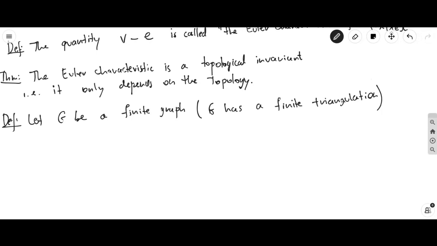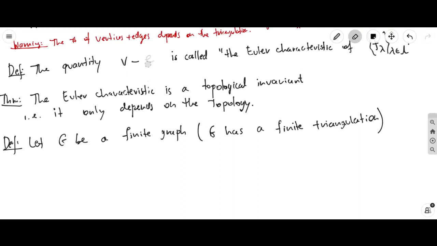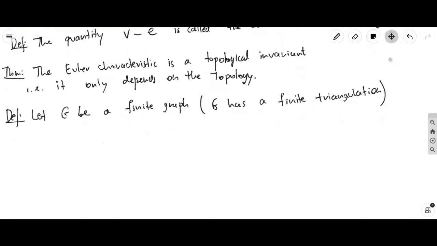So the index number that you're using for lambda is a finite number. Because if it's an infinite number and the number of vertices and edges is infinite, then it becomes a bit unclear how you would define that quantity. There are ways to do it, but we do not want to go there. So assume that G is a finite graph. So finite graph just means it has a finite triangulation.